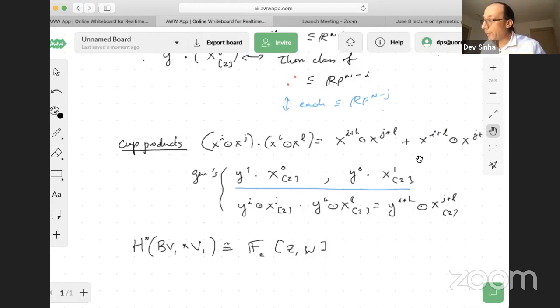And I claim that x^i transfer x^j is going to go to Z^i W^j plus Z^j W^i. So that's, again, you can read that off of the conditions that are defining these submanifolds.